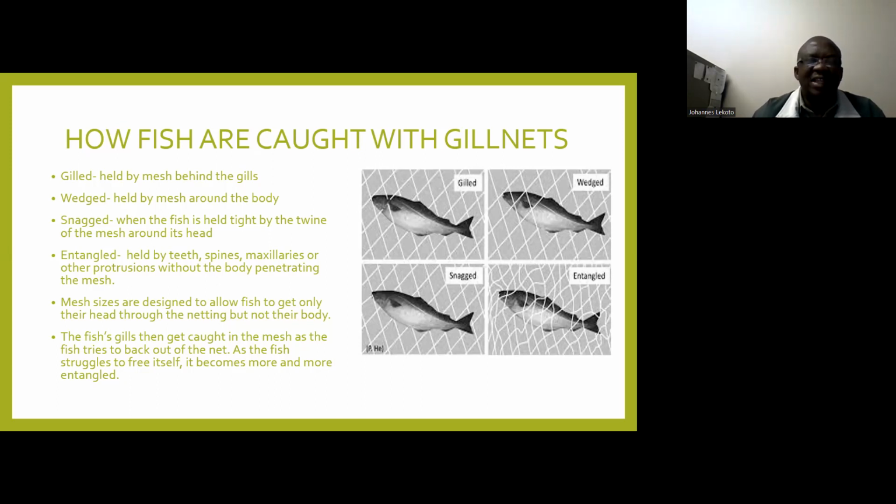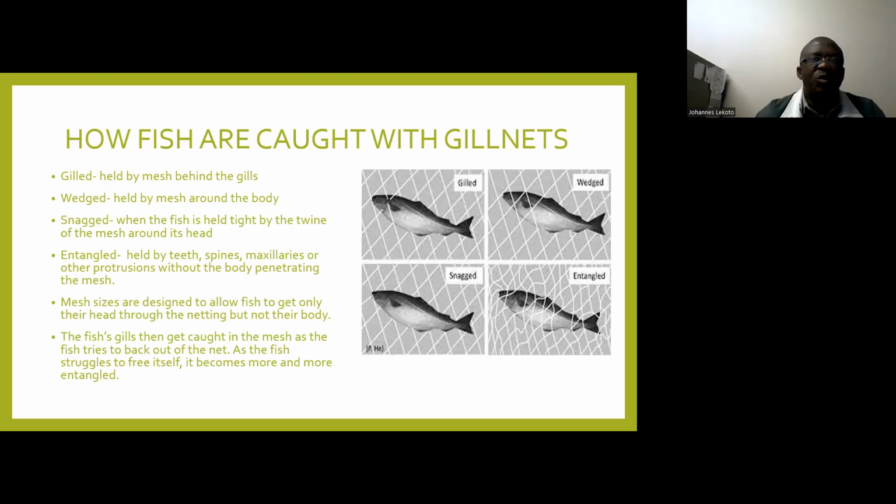Mesh sizes are designed to allow fish to get only their head through the netting, but not their body. The fish's gills then get caught in the mesh as the fish tries to back out of the net. As the fish struggles to free itself, it becomes more and more entangled. Here on the side, I'm showing exactly what I mean when the fish are gilled, wedged, snagged, or entangled, to support my slide. I hope it is clear to everybody.